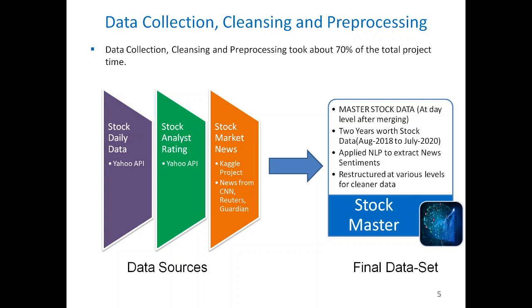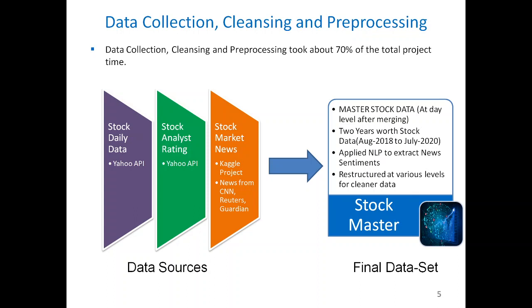Since I couldn't get the news APIs to work well, I had to depend on a Kaggle project, which closely helped me get the latest news from the market. And there are 3 different news sources here. So I took all this data, condensed it, cleansed it, and came up with a stock master, which is a combination of all these three in a very simplified way, in a way which our model can understand.